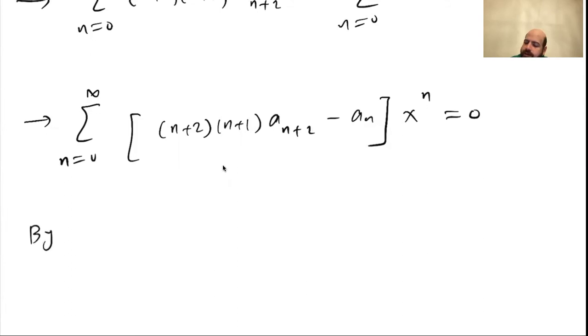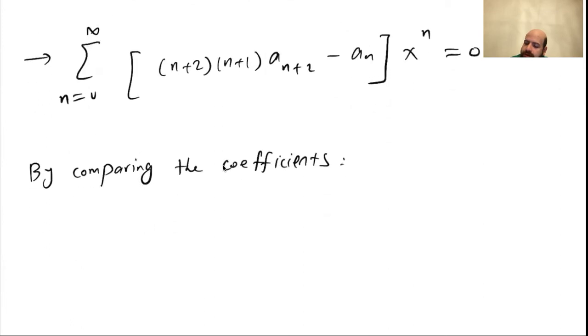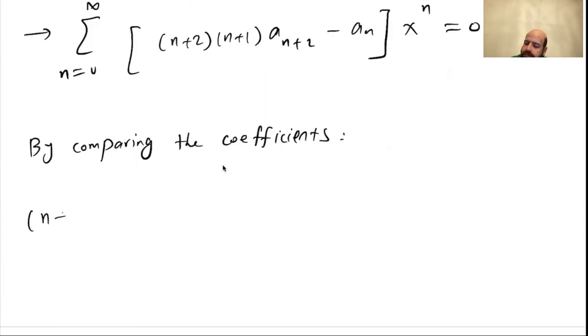So by comparing the coefficients, we can say that n plus 2 times n plus 1, a n plus 2 minus a n has to be 0.